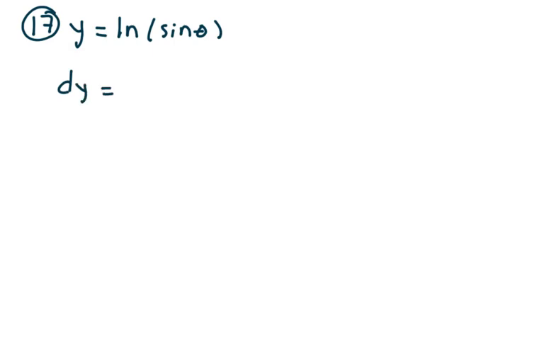If we take a look at problem 17, suppose y equals natural log of sine theta. So dy, by the chain rule, we get 1 over sine theta times cosine theta, and then just attach that d theta there.